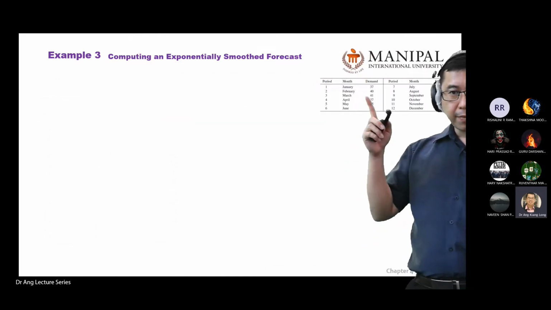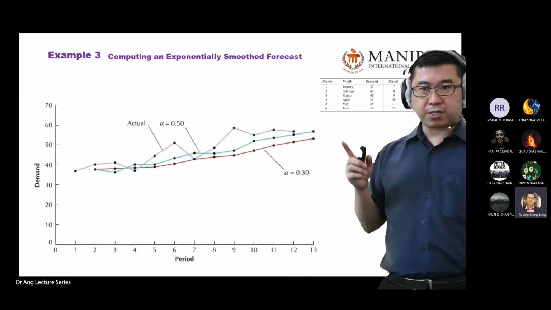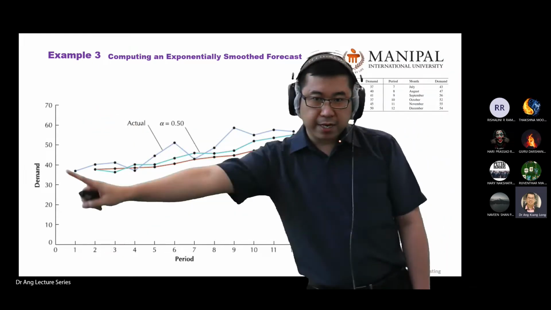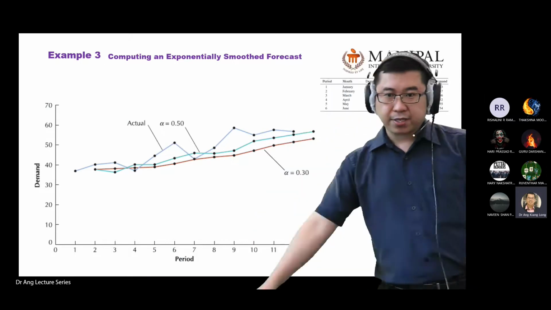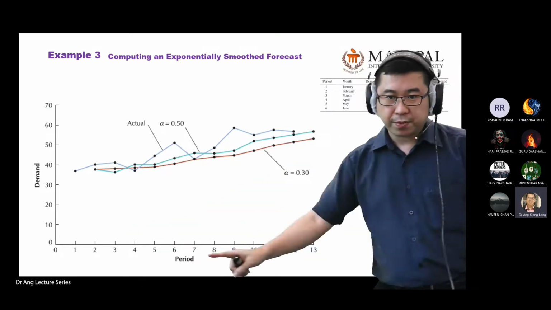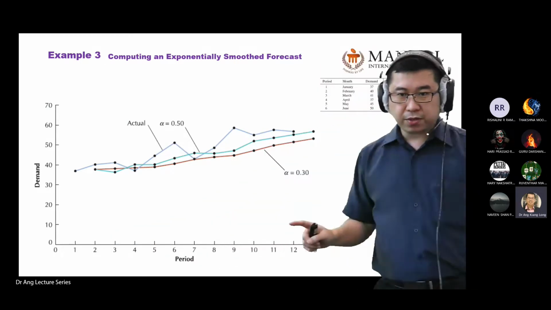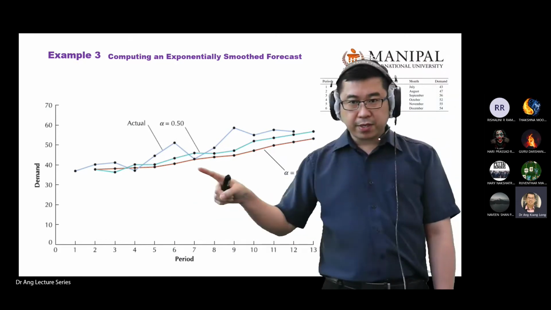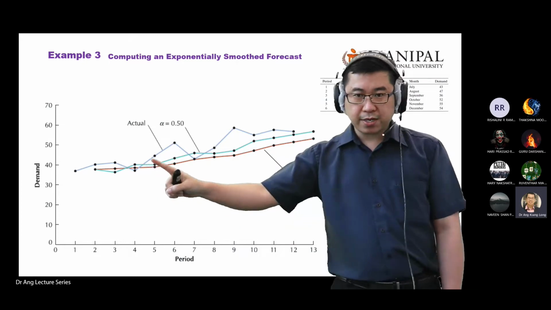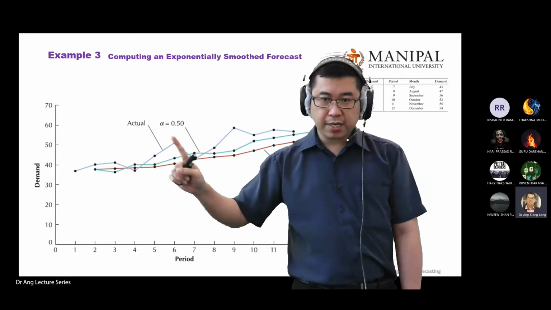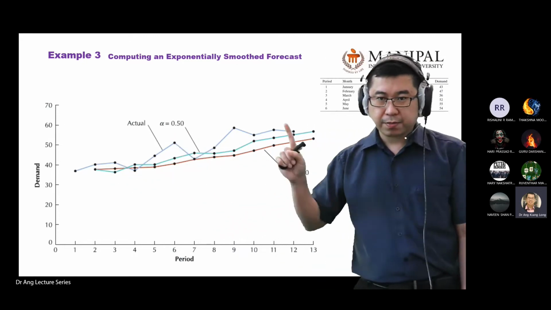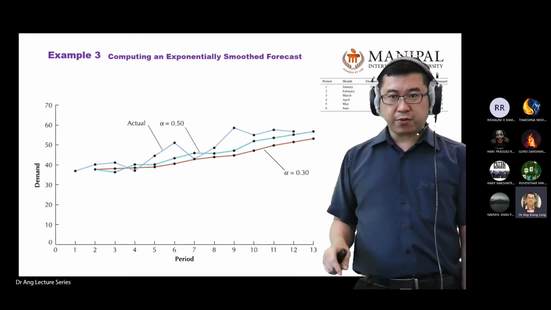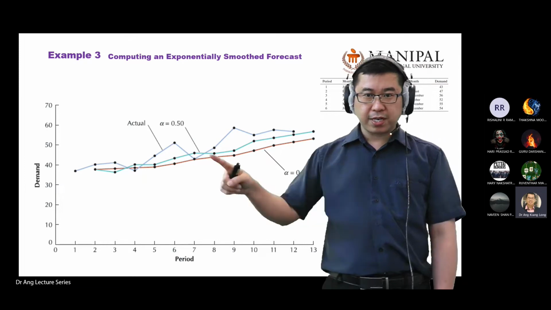I put my table here, but basically it's just to guide you through the concept: the demand and the forecast on the y-axis, and the period from January until next year's January. As you can see, the actual data fluctuates like this, and you have two smoothing forecasts, 0.3 and 0.5.